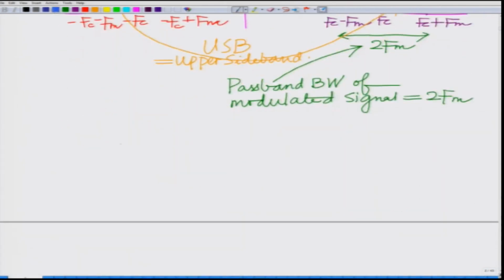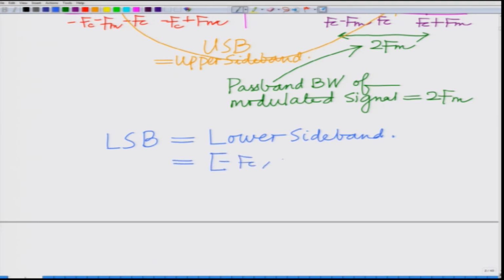Just to write it down clearly, we have the LSB, the lower sideband, and that comprises the intervals minus fc to minus fc plus Fm, union together with fc minus Fm to fc.